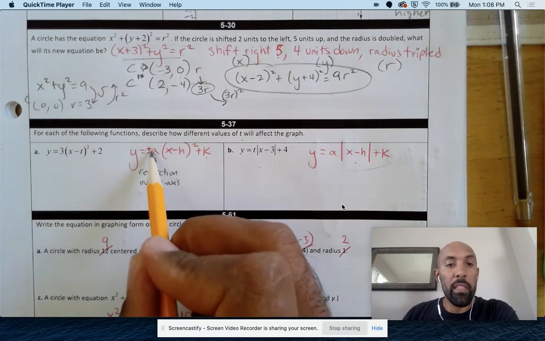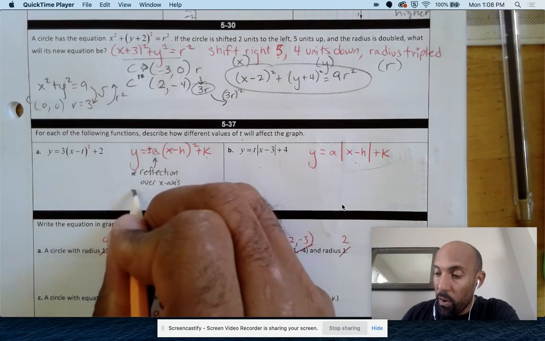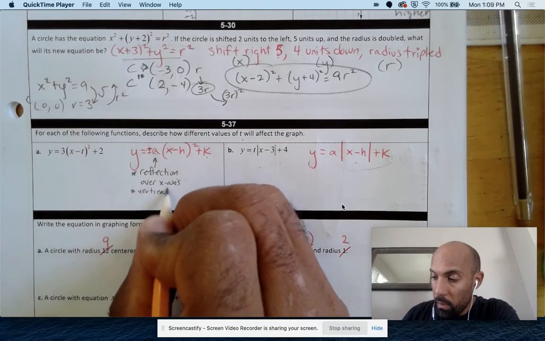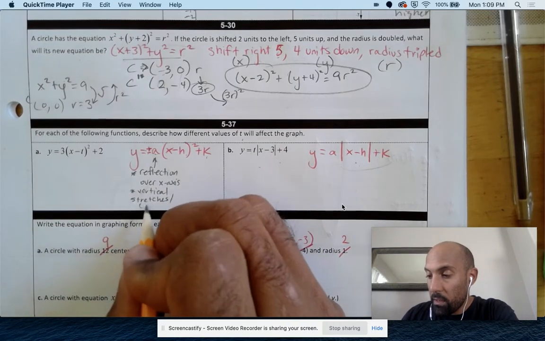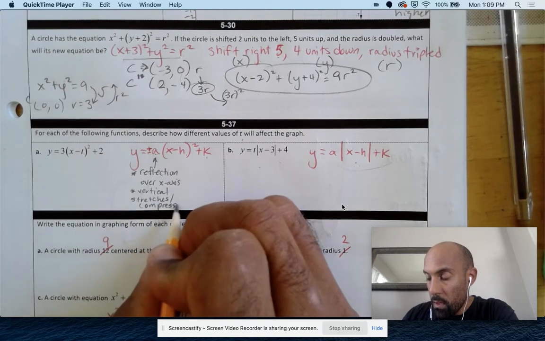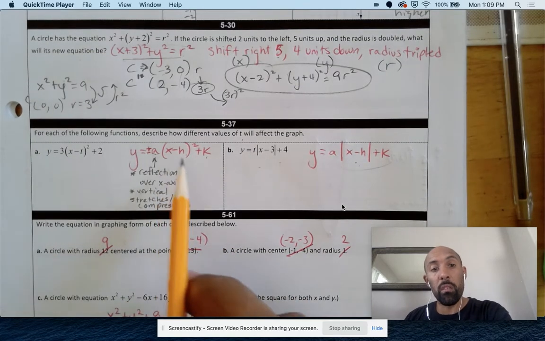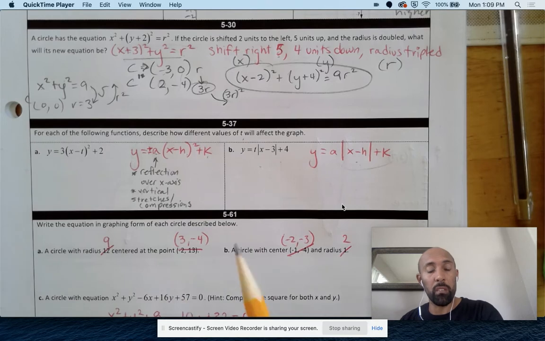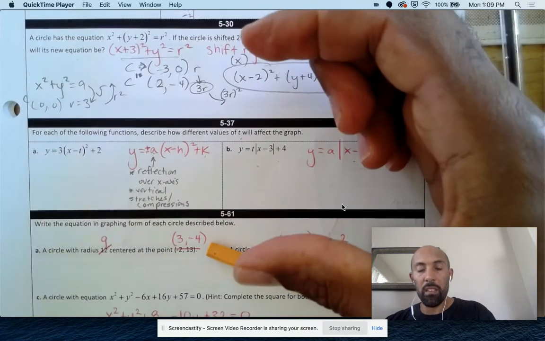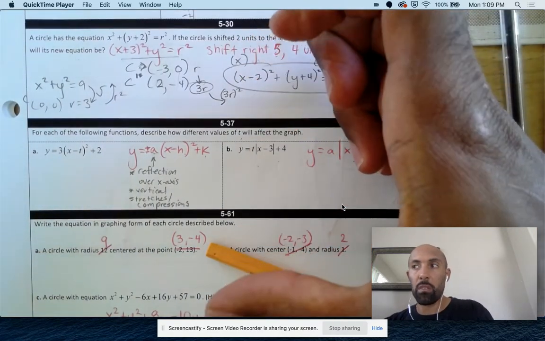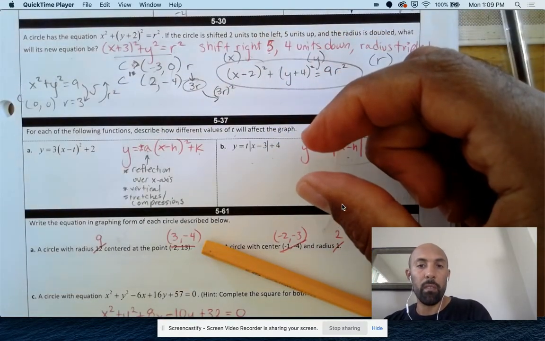And then the a value itself causes vertical stretches and compressions. You don't have to write all this down, but I need to explain what all these are going to do to change a function and what the transformation is going to be. It's either going to stretch it, like I'm stretching a rubber band vertically, or it's going to squish it, compress it vertically.